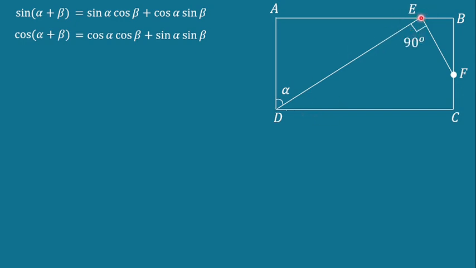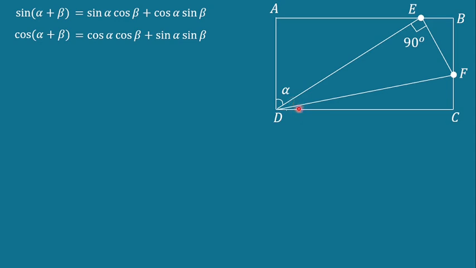So the angle at vertex E is in fact 90 degrees. Then I join vertex D to point F and construct an inscribed right triangle DEF. So DEF is an inscribed right triangle in the circumscribed rectangle ABCD.